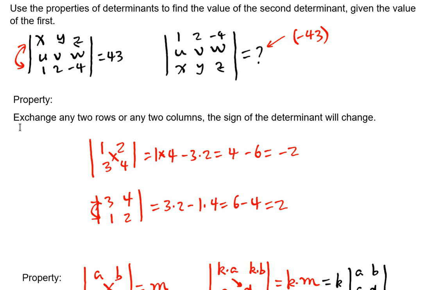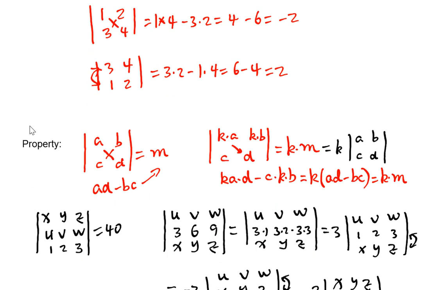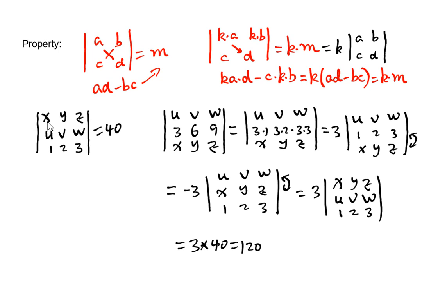Okay, that's one property. Another one: if you have a determinant, let's say A, B, C, D, the determinant of this matrix is M. If you have a constant K times the first row, Ka, Kb, and the determinant here is M, then basically what you do is pull K out and then use K times M. That will be the answer.